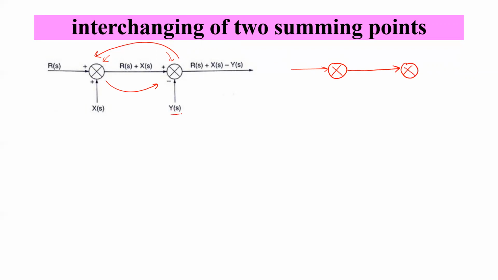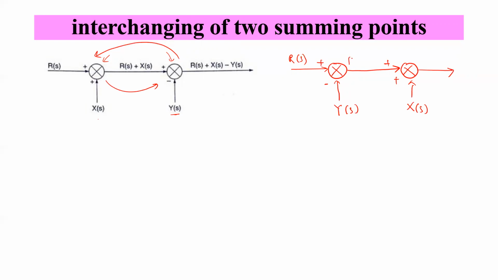So we have Ys here, so we will put Ys here, and this is plus, this is Rs, and this is minus Ys, right? And this we have shifted. So we have Xs here, and this is plus, and this is also plus, and we have an output.